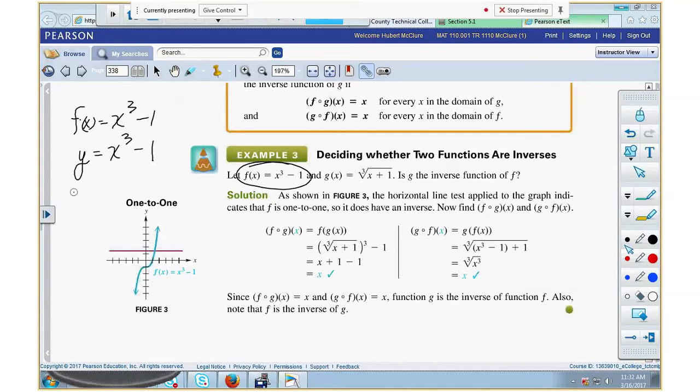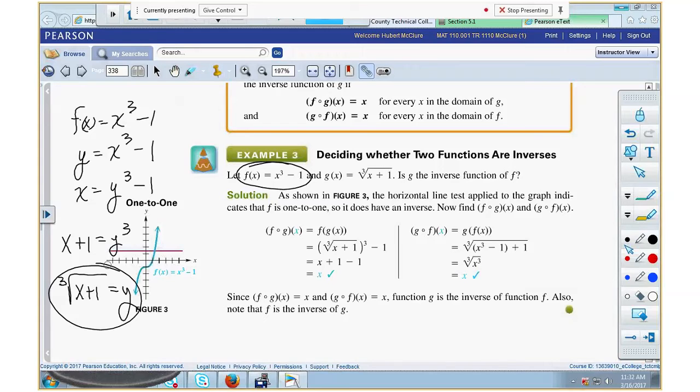Interchange them. So x is equal to y cubed minus 1, and solve for y. So bring that over. x plus 1 is equal to y cubed. And take the cube root of x plus 1. And that is the inverse function of this.